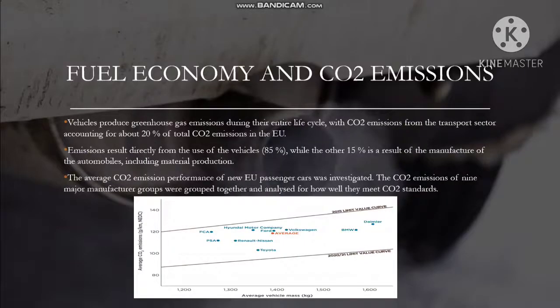Next, about fuel economy and CO2 emission. Vehicles produce greenhouse gas emissions during their entire life cycle. CO2 emissions from the transport sector account for about 30% of total CO2 emission in the EU.